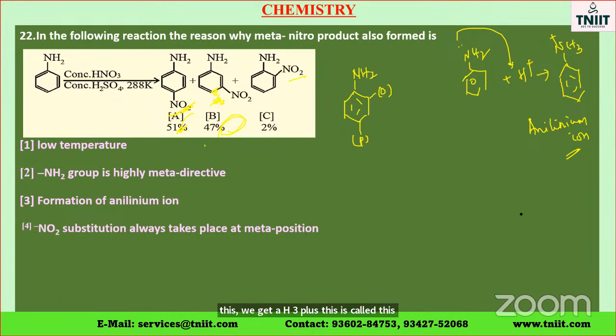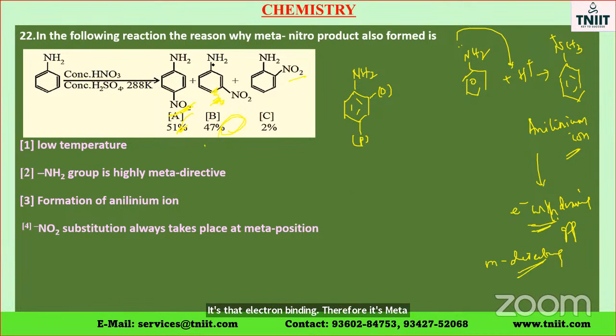This anilinium ion is an electron withdrawing group. Since it's an electron withdrawing group, it is a meta-directing group. See, this is NH3 plus, an electron withdrawing group. Therefore, it's a meta-directing group, and we also get the meta product here, 47%.